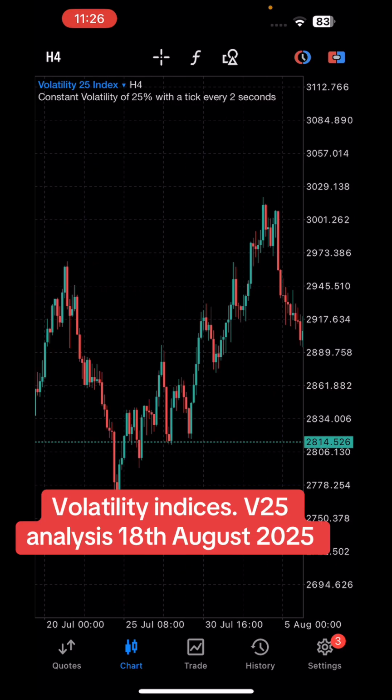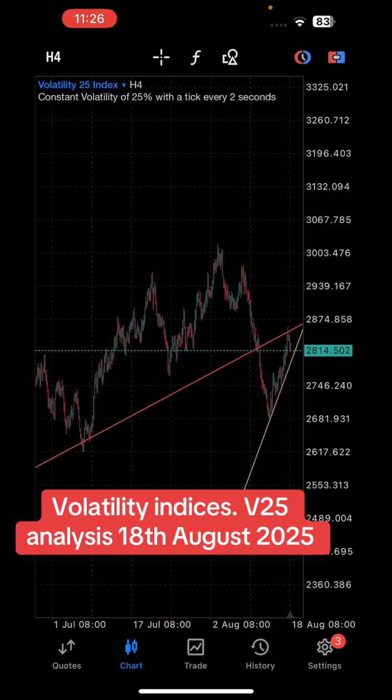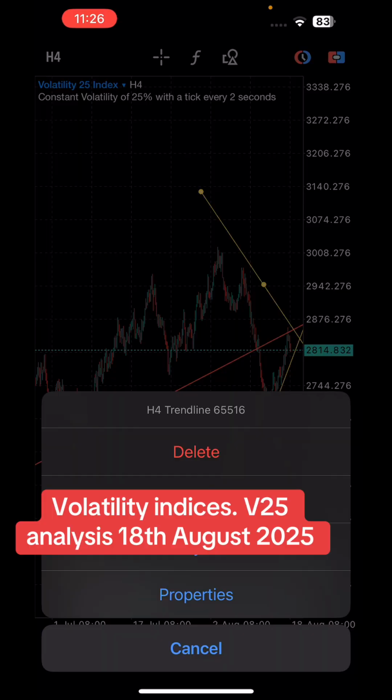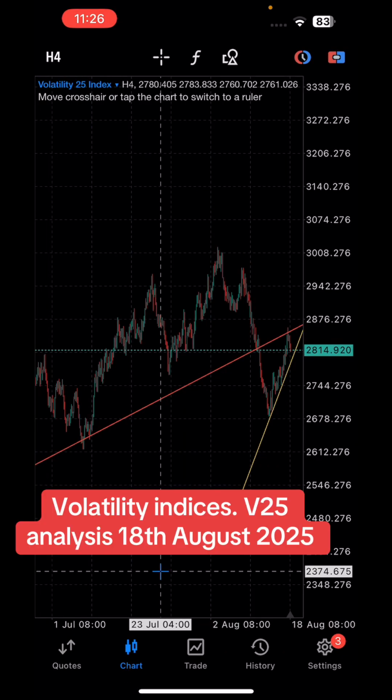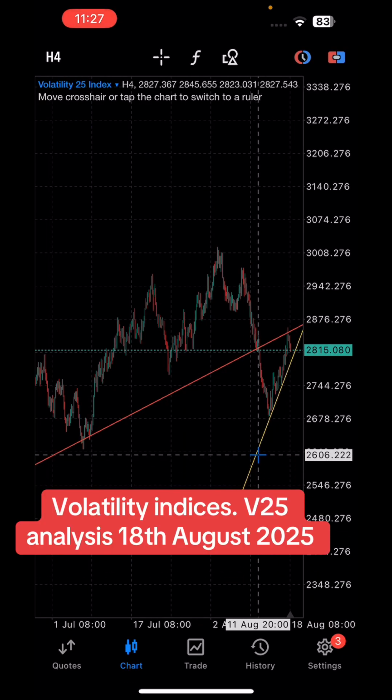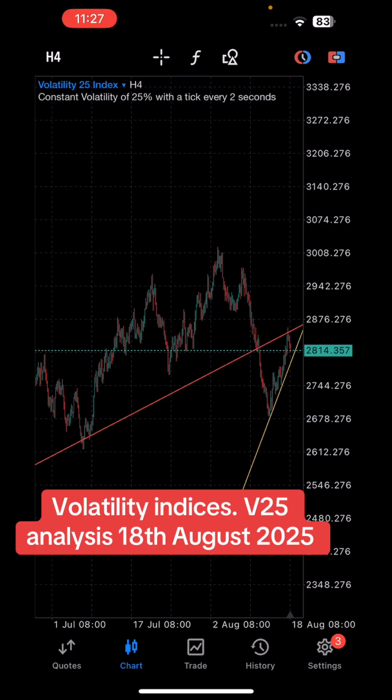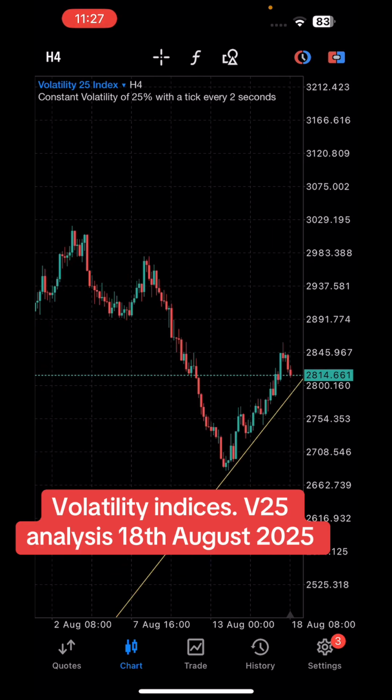So what am I waiting for? I'm waiting for this market to break out of this yellow trend line and give us a retest.